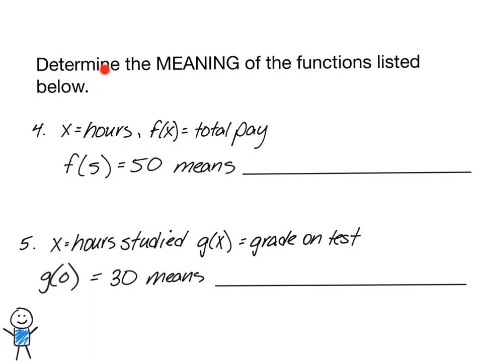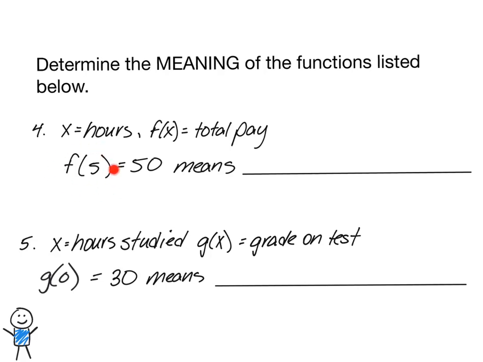On this slide, we'll determine the meaning of the functions listed below. If you notice on number 4 here, it says x equals hours, and f of x represents the total pay. And what you may remember is inside the parentheses beside the letter, f of 5 is equal to 50. Well, the x is, in this case, a 5, which represents the number of hours.